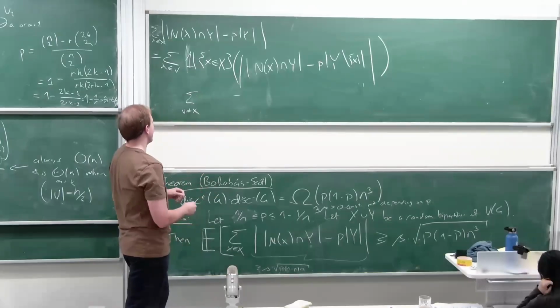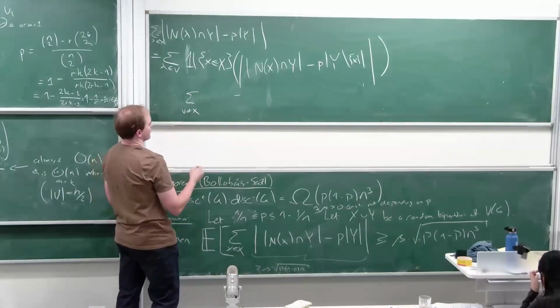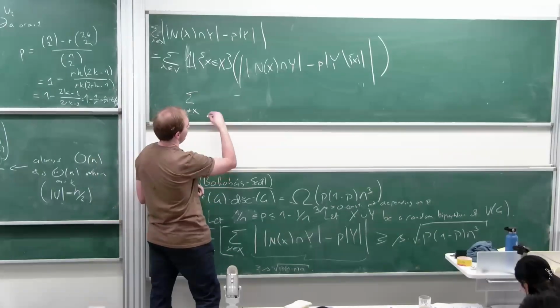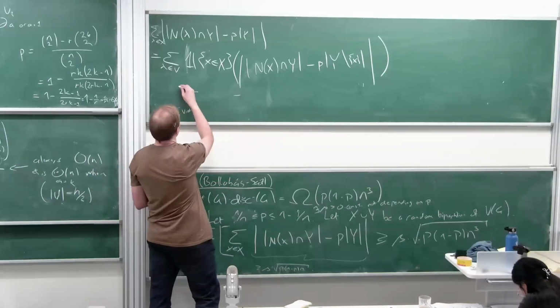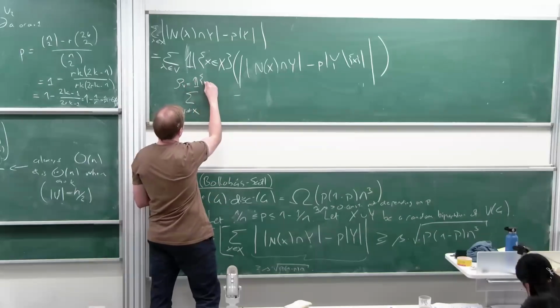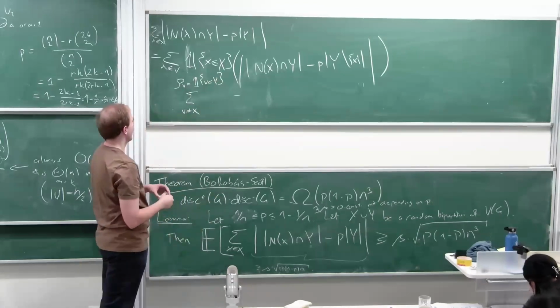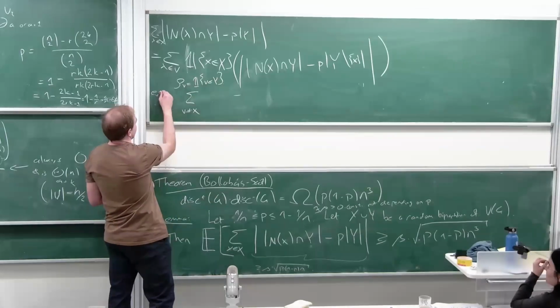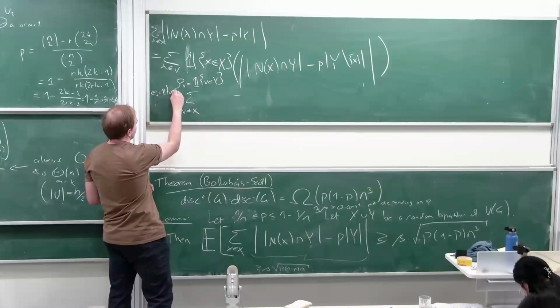The expectation of this guy is, we basically sum over all the vertices b which are not in X, writing rho_b for the indicator function that b is in Y, and e_b for the indicator function that bx is an edge.